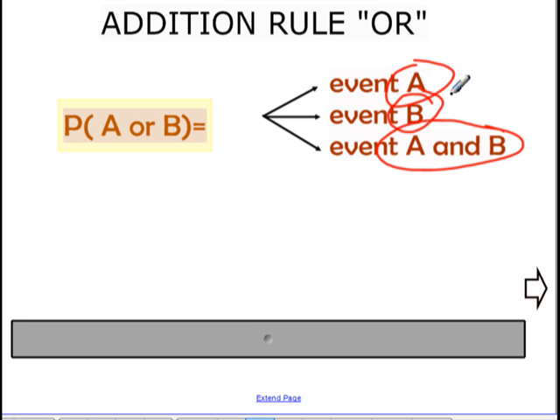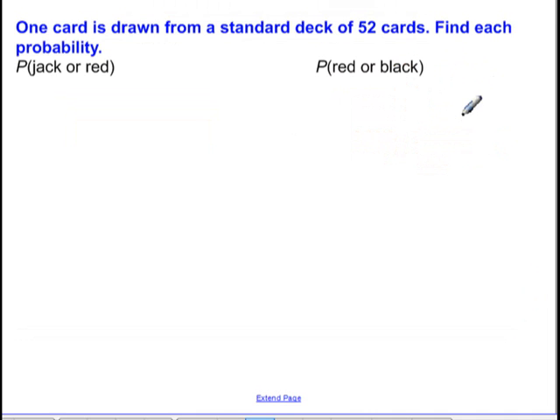If you counted up all the jacks, there are 4 jacks in a deck, and all the red cards, there are 26 red cards. So you might say 4 plus 26, there's 30 ways. The problem is 2 of those jacks are also red cards.